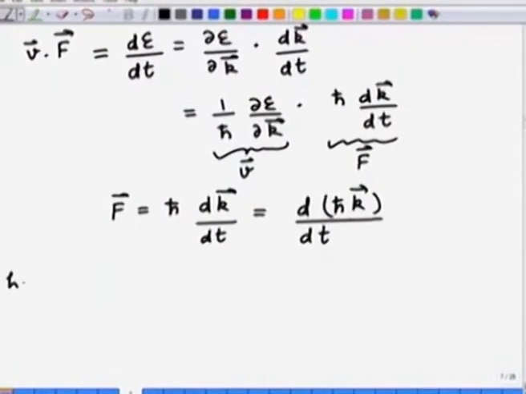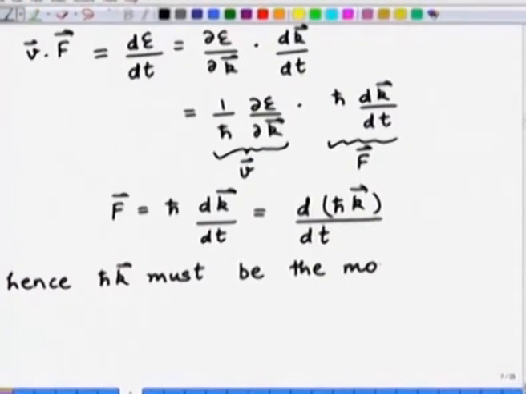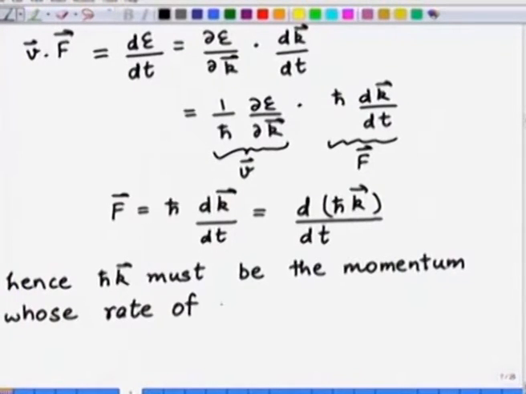Hence ħk must be the momentum whose rate of change is the external force.